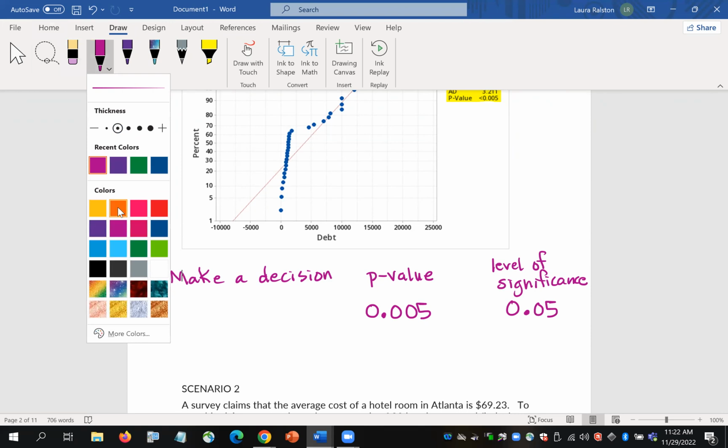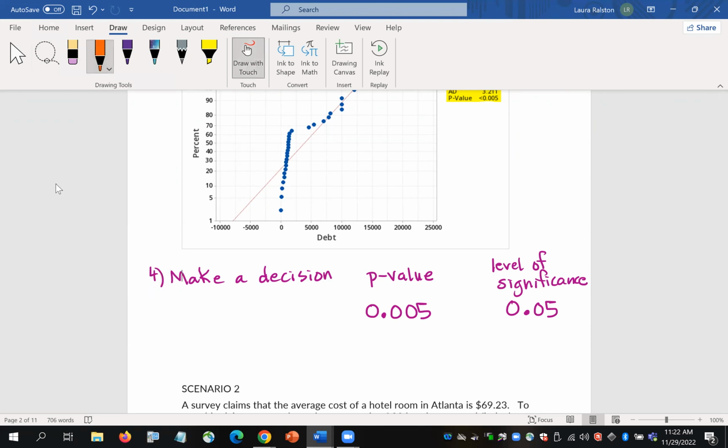Remember, we do that comparison digit for digit. So we have 0 to 0, 0 to 5. 0 is less than 5. So the p-value is less than or equal to the level of significance. When the p-value is less than or equal to the level of significance, we reject the null. Okay.